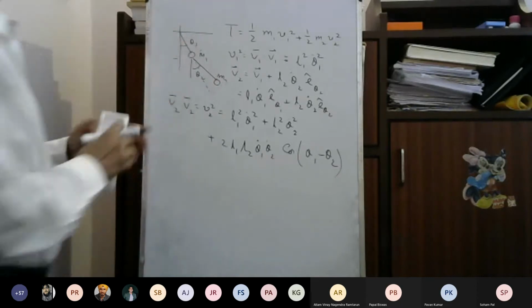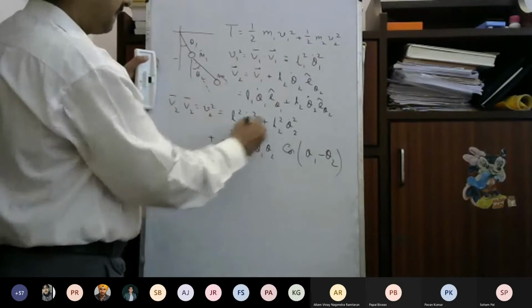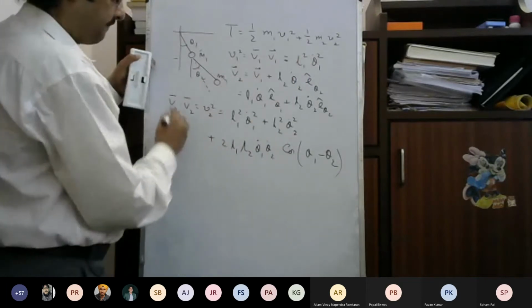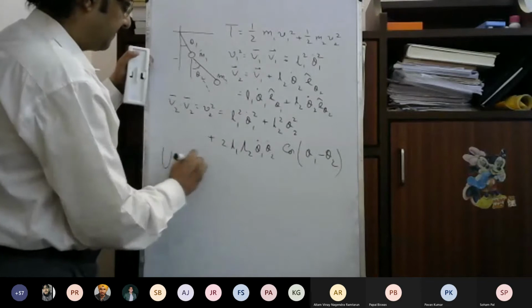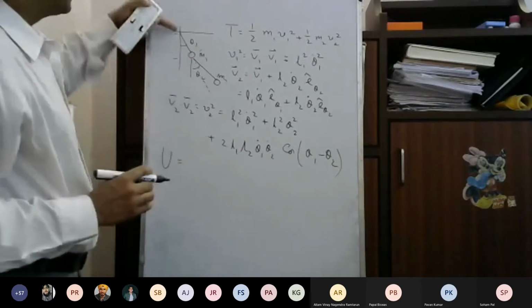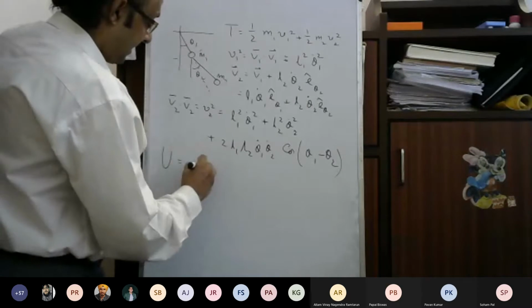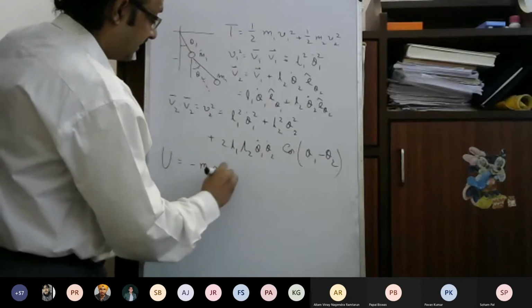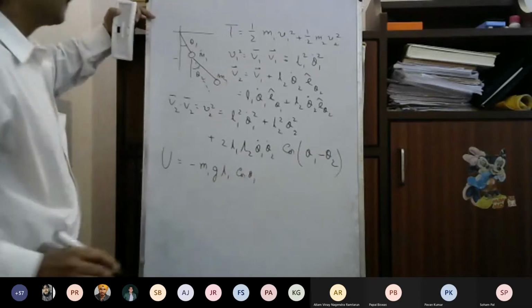Now we have everything. So the kinetic energy I can find out in terms of all this: half v2 square you can just write down. And the potential energy for the first mass, if you consider the top point as the reference point, becomes m1 g L1 cosine theta 1.